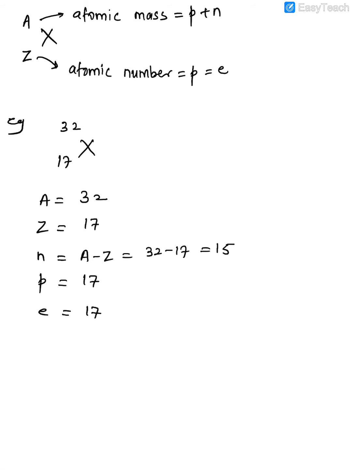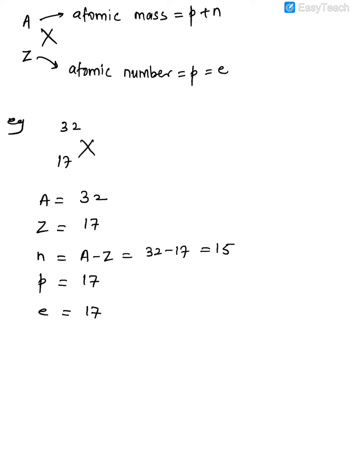So far they have never asked to define atomic mass or atomic number in a physics paper, but it's there in your textbook, so you must learn it. Also, I'm not discussing that electrons are negatively charged, protons are positive, neutrons are neutral, though they have given it in this chapter.